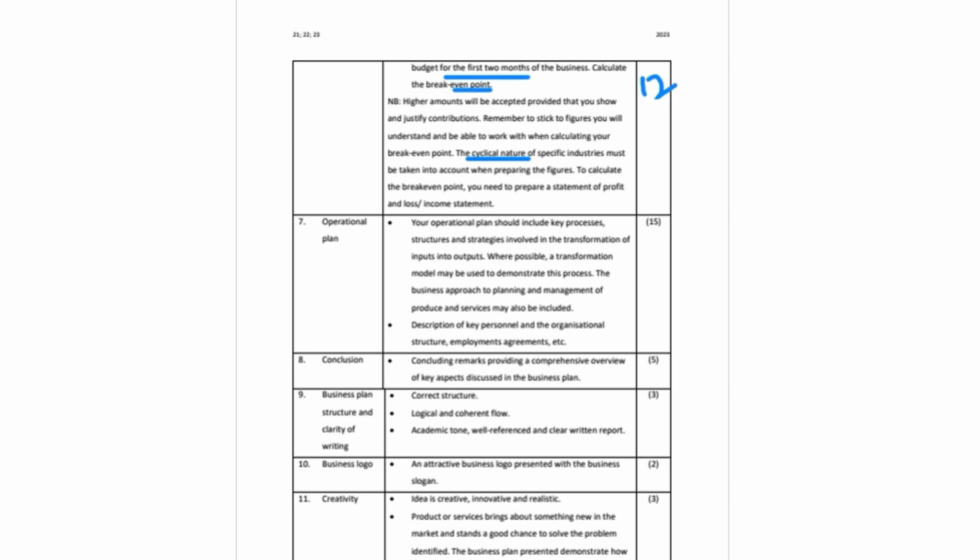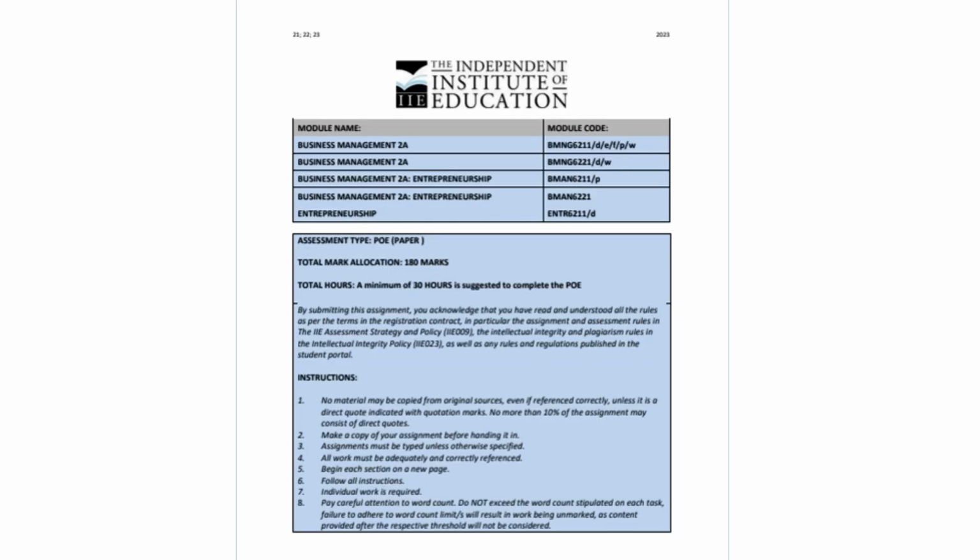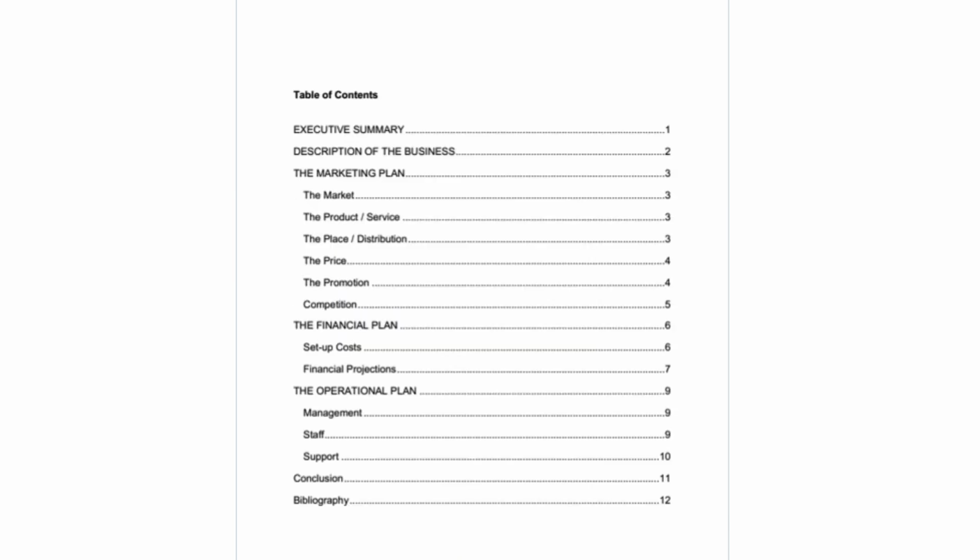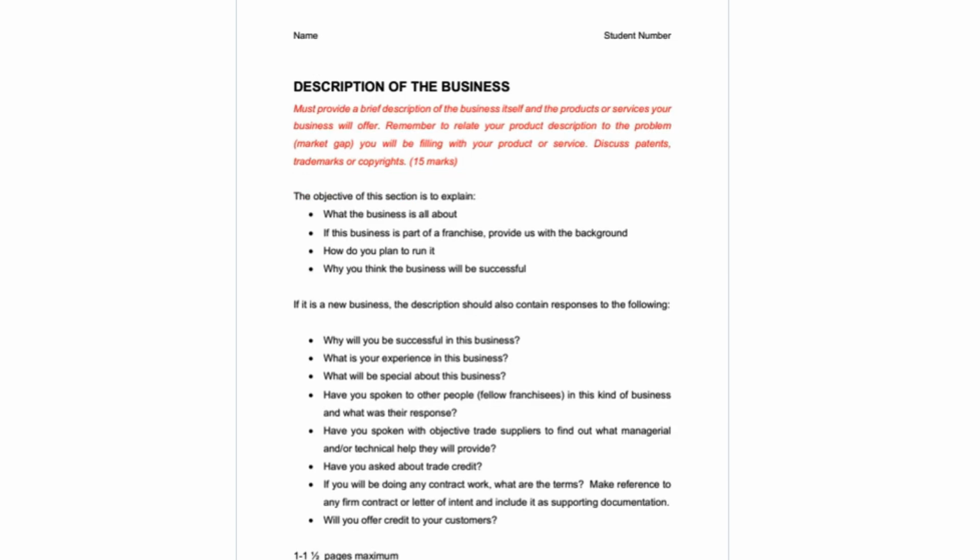To calculate the break-even point, you need to prepare a statement of profit and loss. So if you look at what I have given you as part of the template, let me just open that up quickly. So this is the template that I provided you with, and let me skip forward through to the financial section.